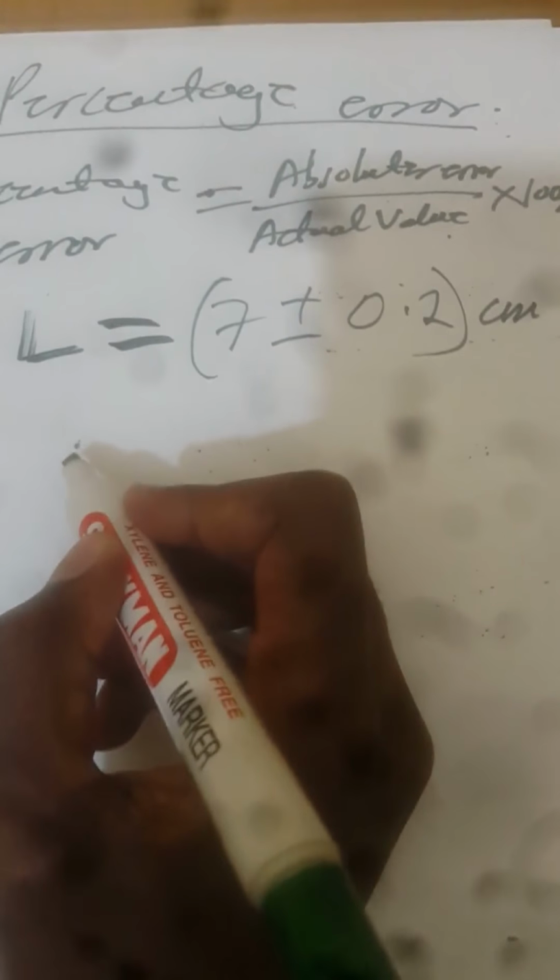In the previous example, we obtained the fractional error of our length 7 plus or minus 0.2 centimeter. The fractional error was 1/35.